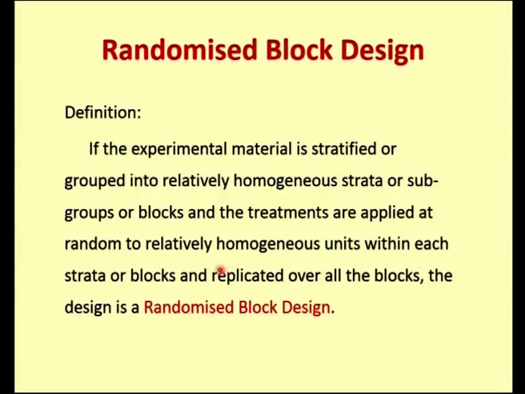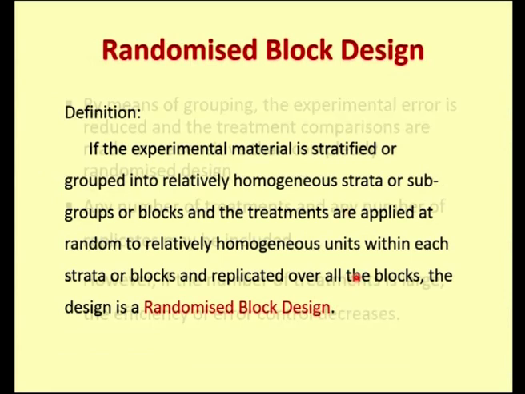If the experimental material is stratified into relatively homogeneous strata or blocks, and then the treatments are applied at random to relatively homogeneous units within each stratum or block and replicated over all the blocks, then we call the design a randomized block design.